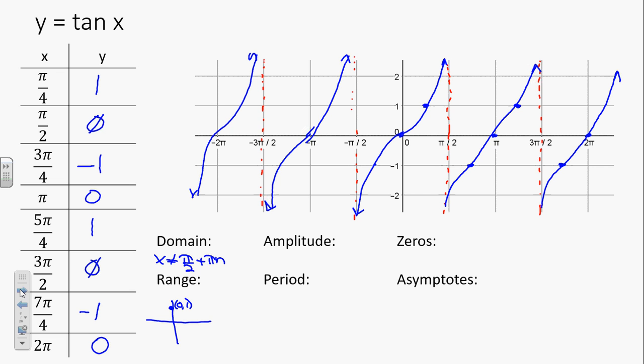Multiples of pi after that. Do we have an amplitude? Nope. Zeros? Lots of them, right? Negative 2 pi, negative pi, 0, pi, 2 pi.